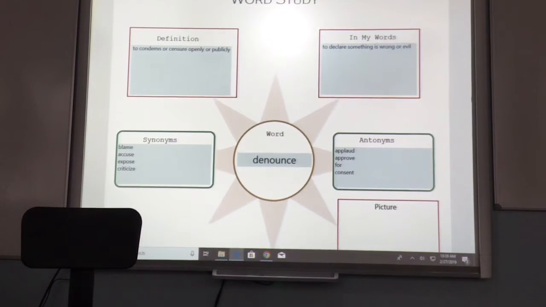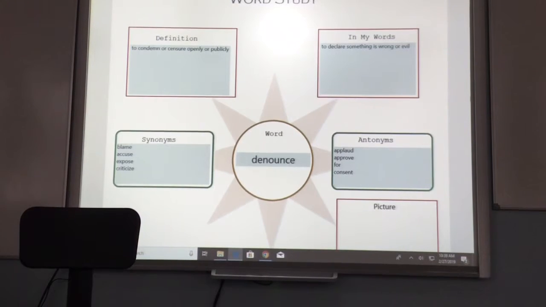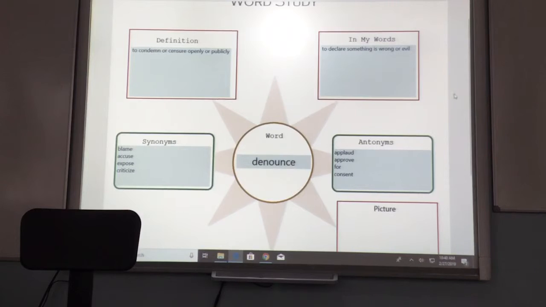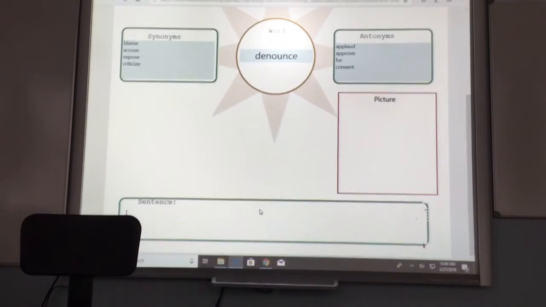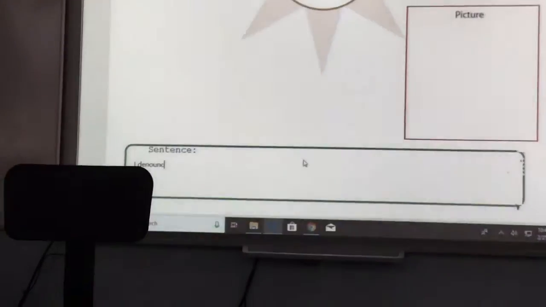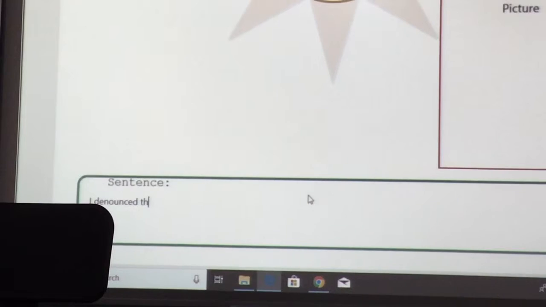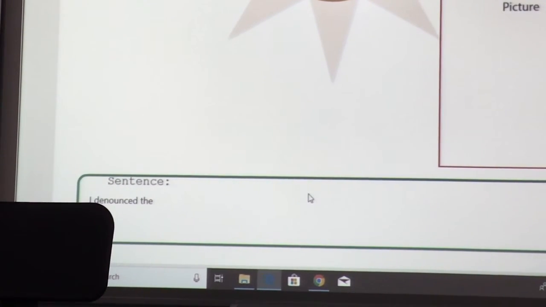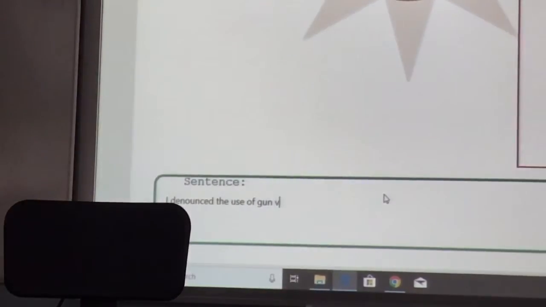How do we take that idea and put it in a sentence using denounce? Damon. I denounce something. I denounced the use of gun violence.